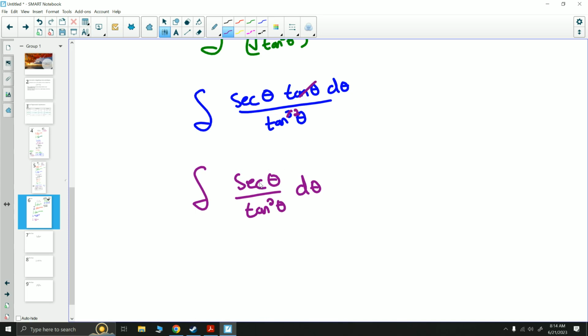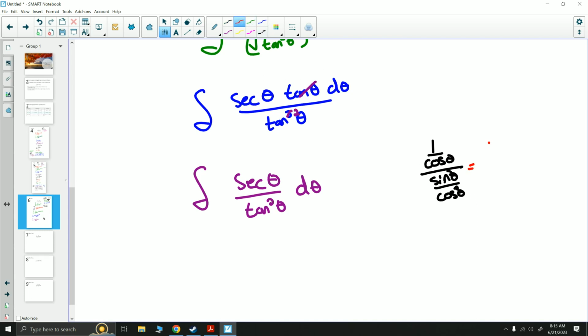When I have sines and cosines, tangents, whatever, on top of each other, I think about them potentially in terms of fractions. As a reminder, secant is like saying 1 over cosine. So this would be like 1 over cosine theta over tangent, which is sine over cosine, and these would both be squared here. So we could potentially use that.